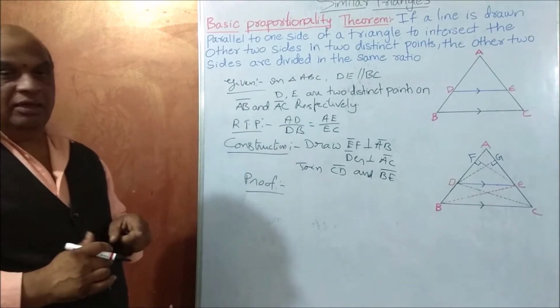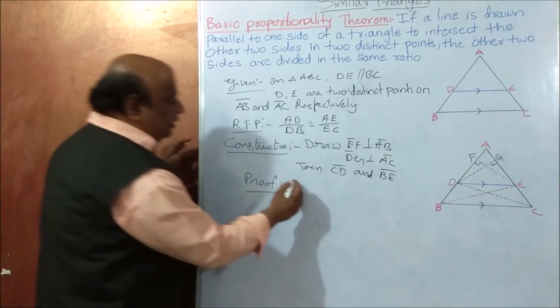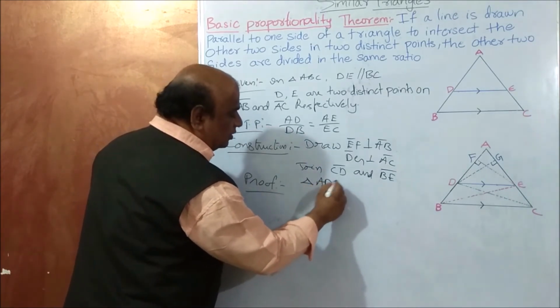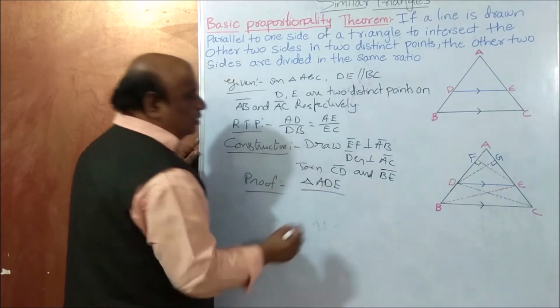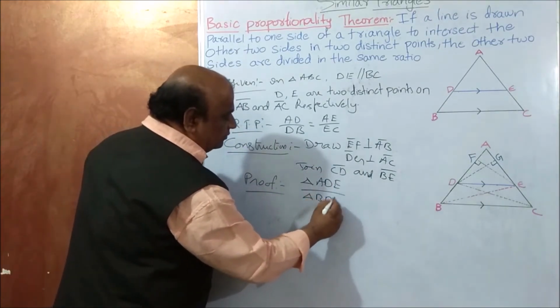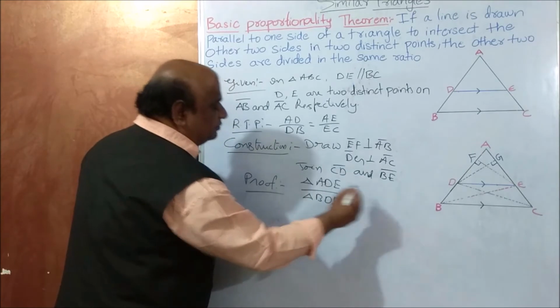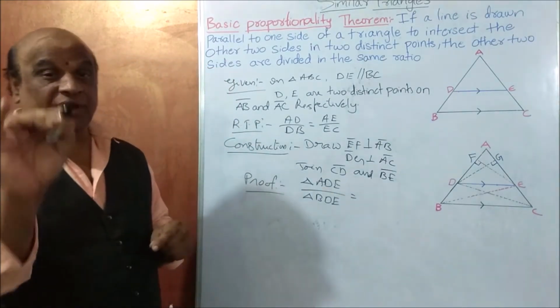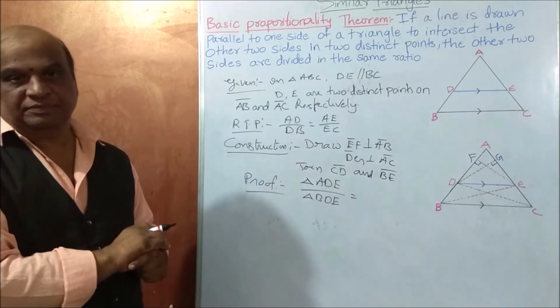That's why triangle ADE by triangle BDE, I am taking this one. You select these triangles. This is very important in this method.